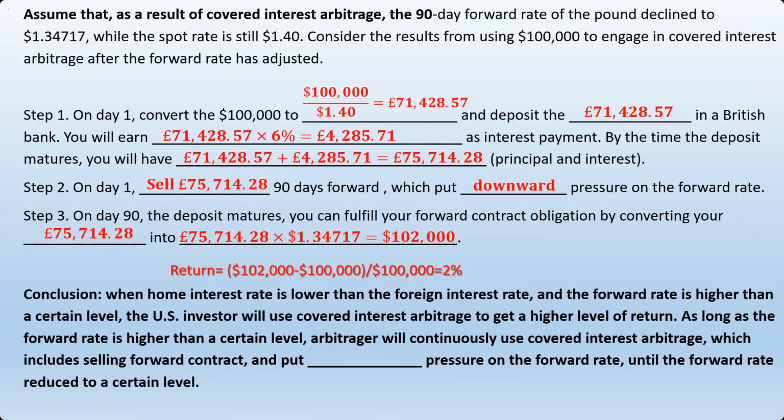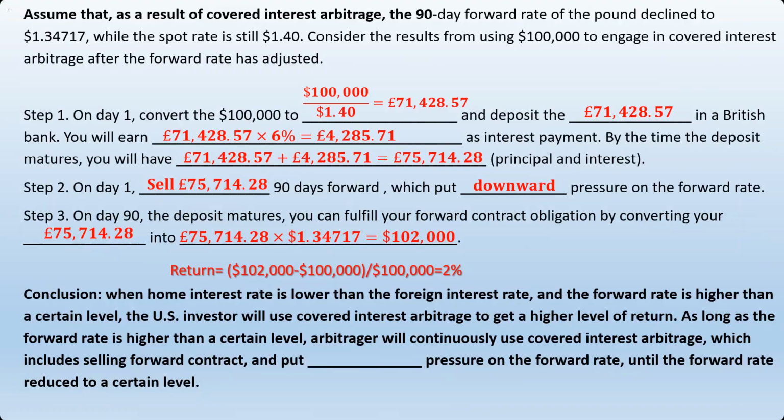I previously had a student who always struggled with what is called parity. Parity means an equilibrium status. When we talk about interest rate parity, it means that we cannot use covered interest arbitrage to profit.